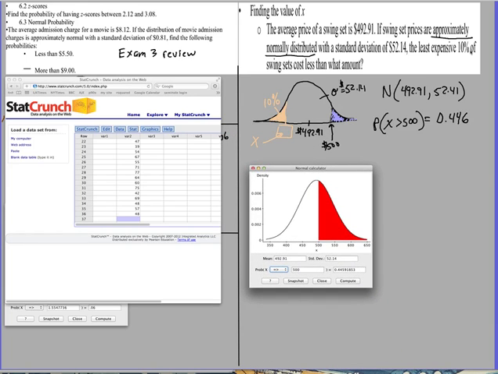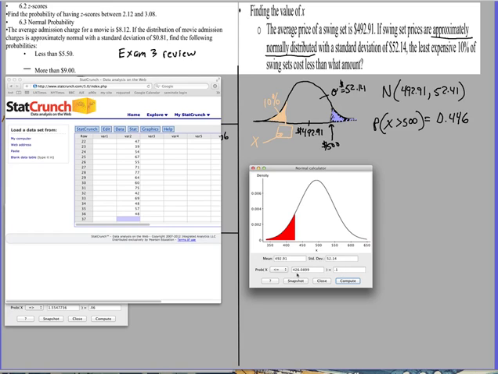To answer the question, what's the least expensive 10%? This red area has to look like this area right here, so it needs to be a less than, and I need to turn this into 10%. Right now it's at 55%. So 10% is 0.1, and let's make sure that's 10%.